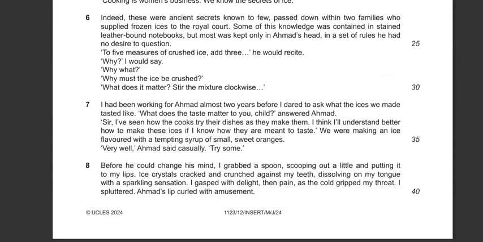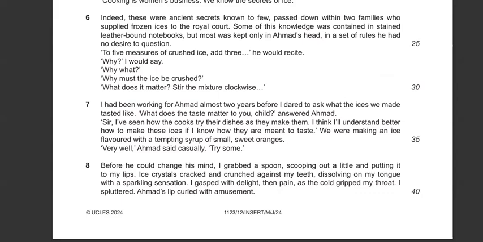So as soon as the writer got the approval from Ahmed, he did not want to waste a single moment, because in case Ahmed changed his mind. So without even wasting a second, he scooped some ice into his mouth. At first, it seems quite magical because he had never tasted it before.